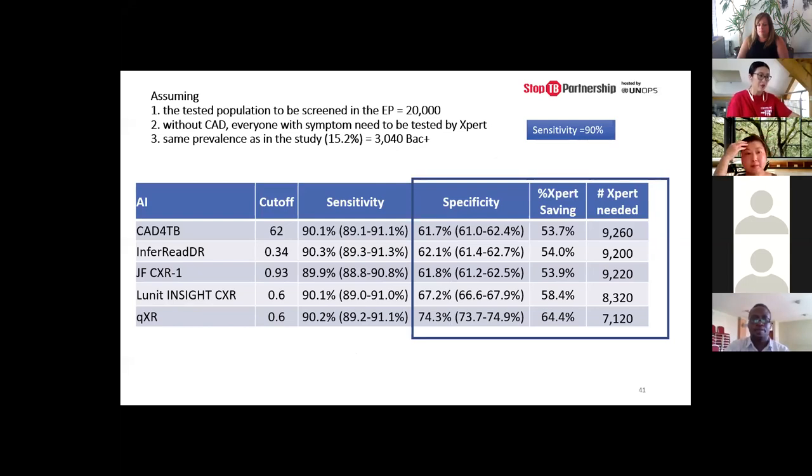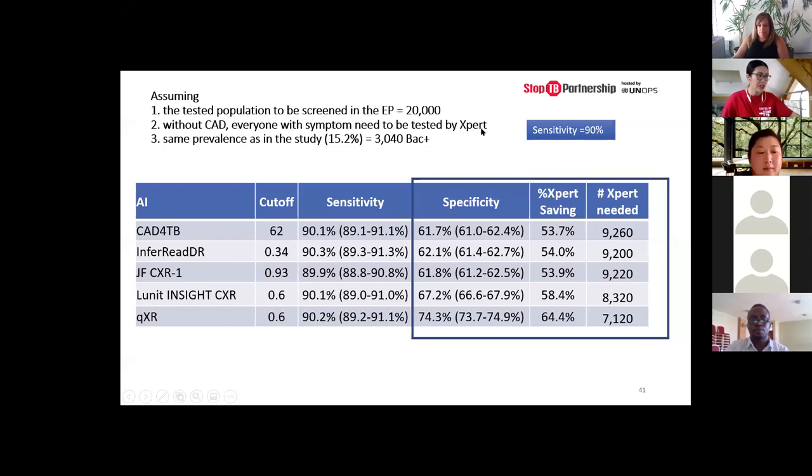And what we wanted to show in this case is almost like a costing model. In a hypothetical population of 20,000 people needed to be screened into a program that all need to be tested. There's some pre-screening criteria, either highly targeted case finding.